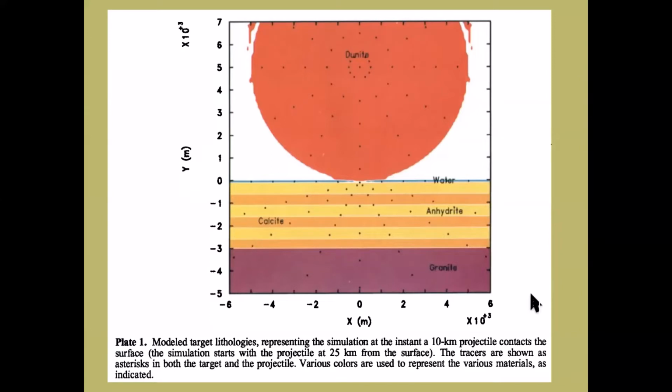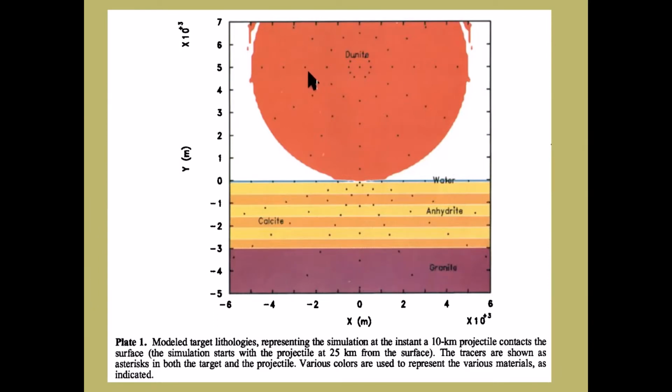This is an illustration, just to give you an idea here, of a computer model that Betty Pierazzo did several years ago. She tried to simulate on a computer the impact of a 10-kilometer diameter asteroid into the Yucatan Peninsula, where there's a thin layer of water, a few kilometers of sediments, and then very hard rock granite underneath it.